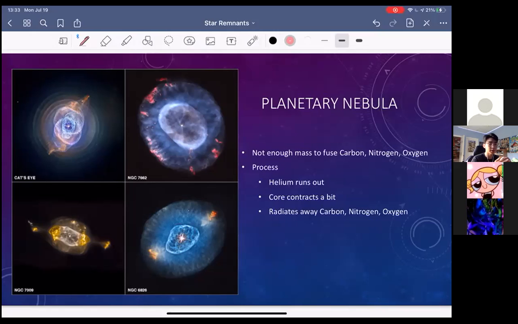As a result, there's less and less fusion happening inside the star, and without that energy source, the star begins to lose its grip on itself and it begins to expand. As I said last time, a planetary nebula is a very slow process. It's not an explosion really. Things just start to drift away from the center, from the core.